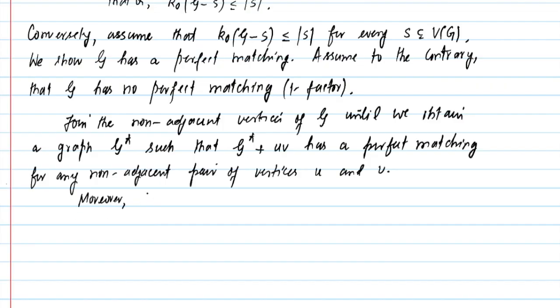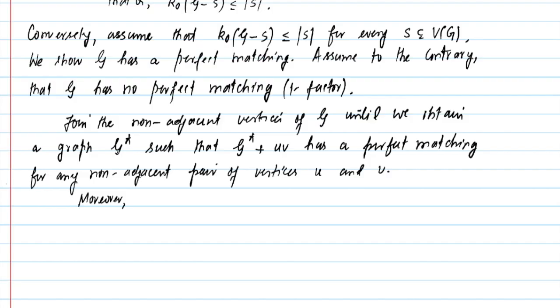Moreover, since we are adding the edges in G to obtain the graph G star, which is a maximal graph having no perfect matching, now if we add an edge between any two odd components of G minus S, then those two odd components will merge together to create an even component, because both of those odd components have an odd number of vertices.